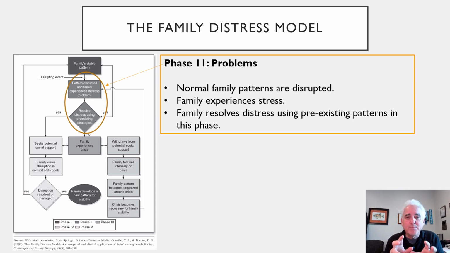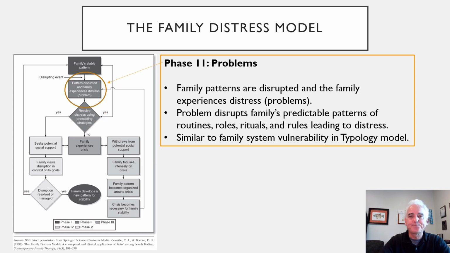The family experiences stress, and then they try to resolve the stress using pre-existing patterns, normal ways of functioning. They try to use what's always worked in the past to deal with this distressing, troubling event. So let's delve a little bit deeper into this by looking more in depth at the two items that are circled here in the next slide.